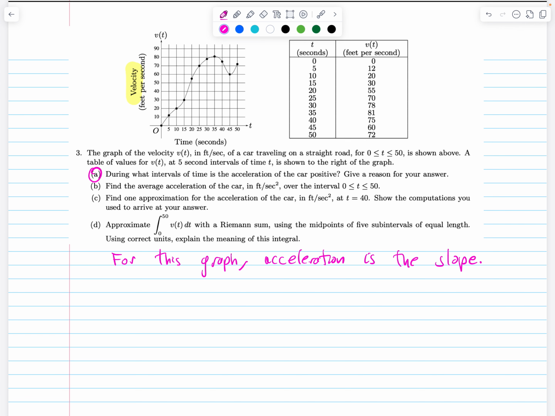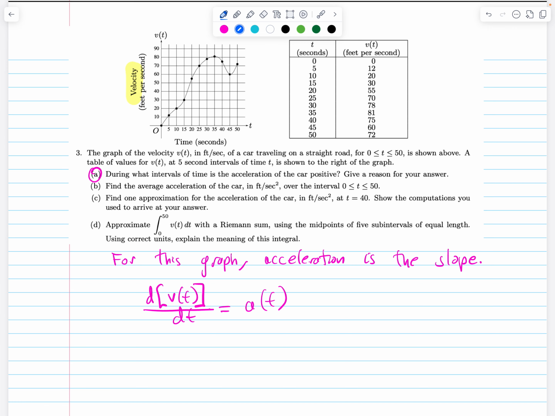That's worth writing down again. The derivative of velocity as time passes is your acceleration. Acceleration is your change in velocity. Derivative means slope. They're literally just asking, at what points on this curve would a slope of a tangent line be positive?